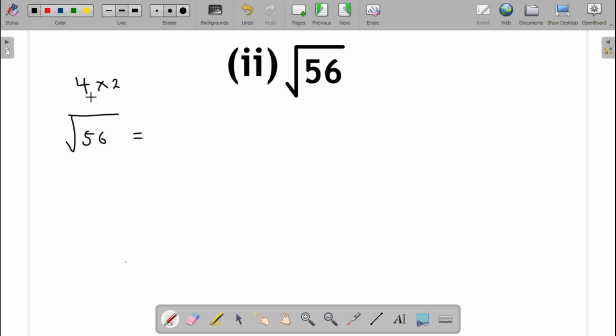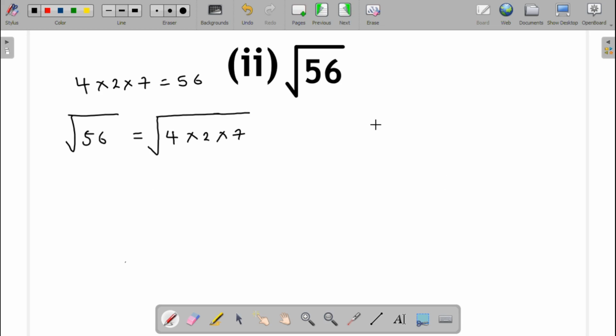Now 4 times 2 will give us 8. 8 times 7 is equal to 56. In this case, we've multiplied a perfect square number with another factor which gave us 56. Instead of writing down 56, I'm going to write down 4 times 2 times 7, which is equal to 56.